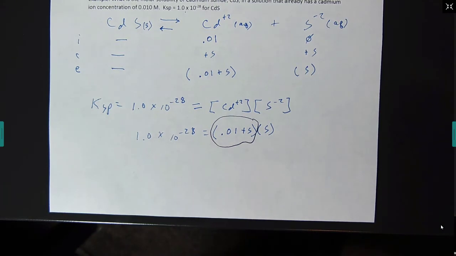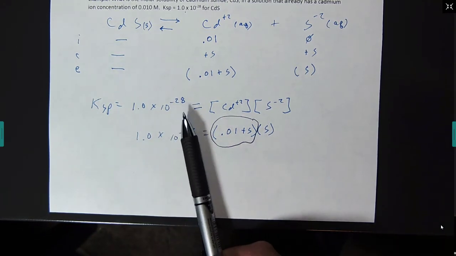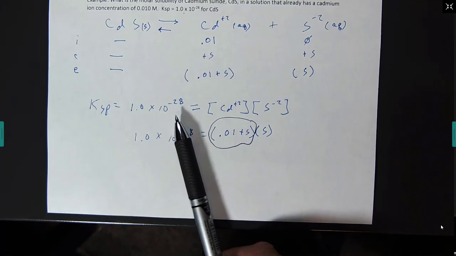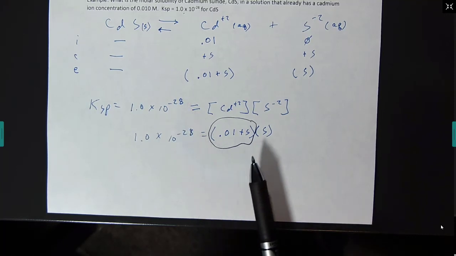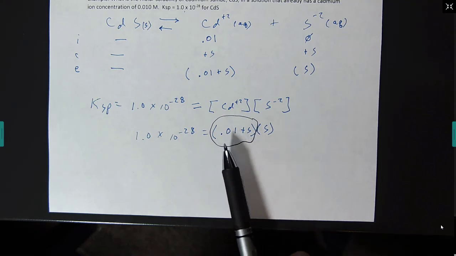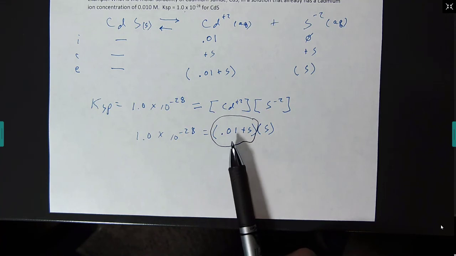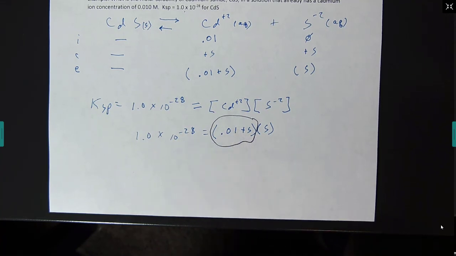That term right there. We know the stuff's not very soluble. I mean, that's an incredibly small number. So we know that S is a really, really small number. 0.01 plus S is pretty darn close to 0.01.